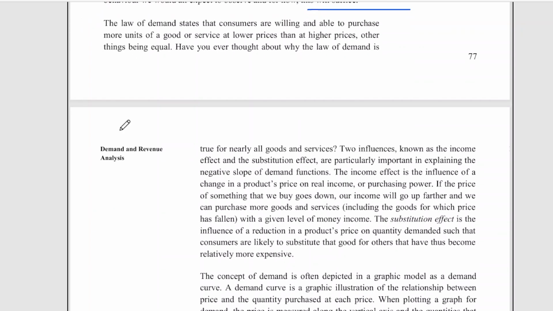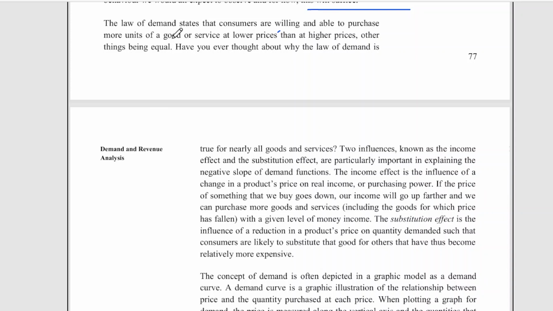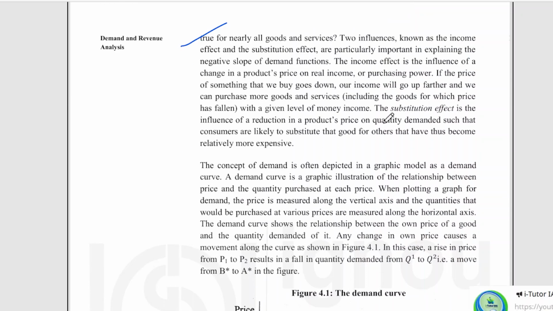The law of demand states that consumers are willing and able to purchase more units of a good or service at a lower price than at a higher price, other things being equal. Have you ever thought about why the law of demand is true for nearly all goods and services?